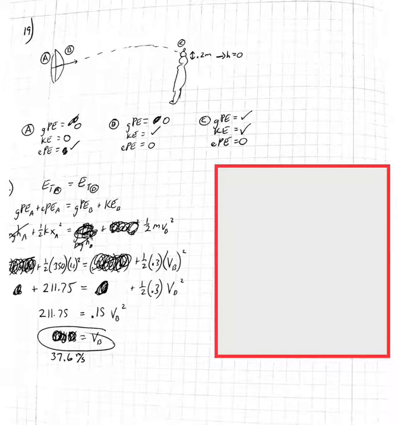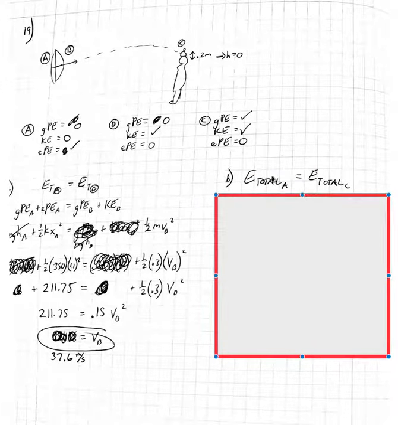Notice I made a couple errors because I had thought at B I was going to have a height to it, and I chose not to. 37.6 meters per second. Then the final question is how fast is it moving when it gets to point C?